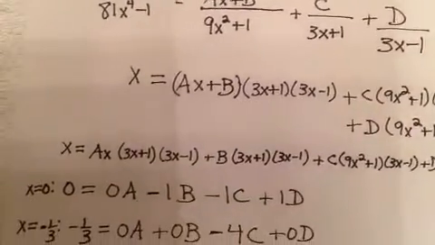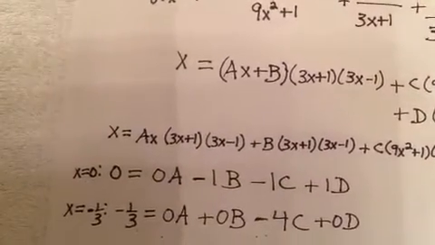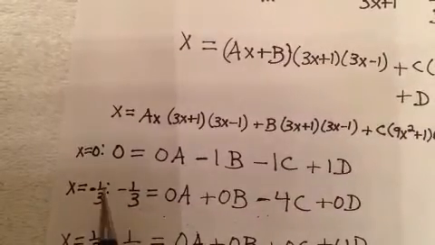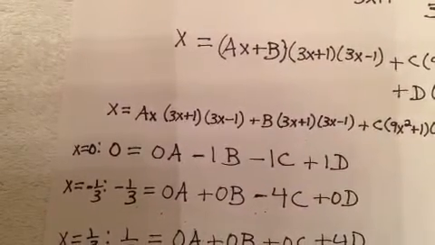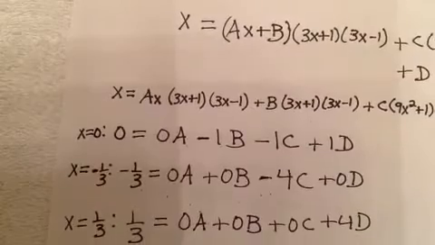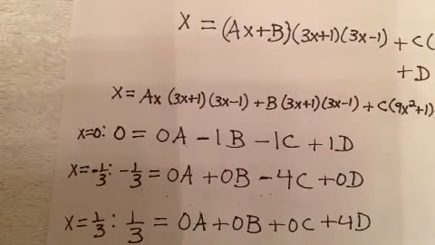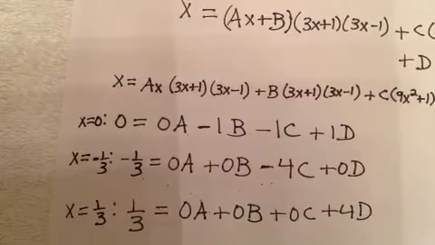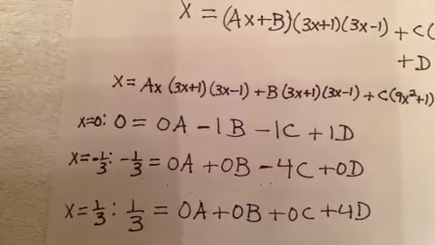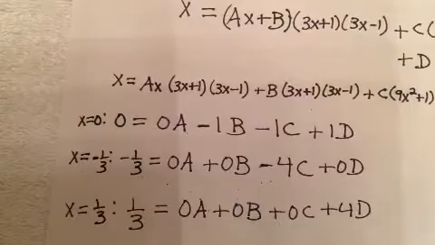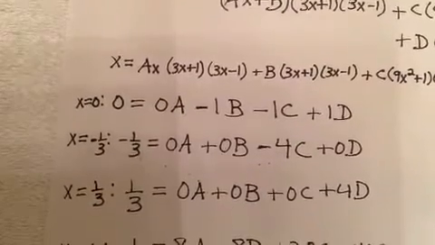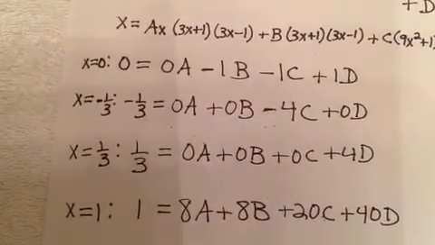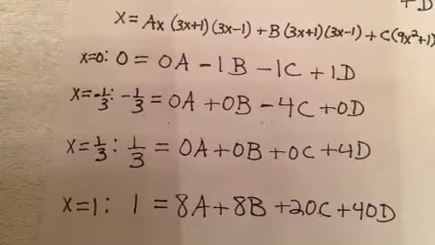So from x we have x equal to 0, from 3x plus 1 we have x equal to negative 1/3, and from 3x minus 1 we have x equal to 1/3. Then choosing arbitrarily, to keep the absolute value as low as possible, we choose x equal to 1.